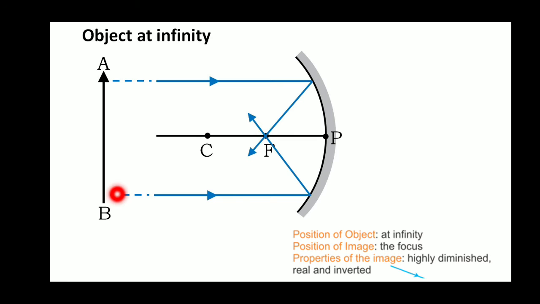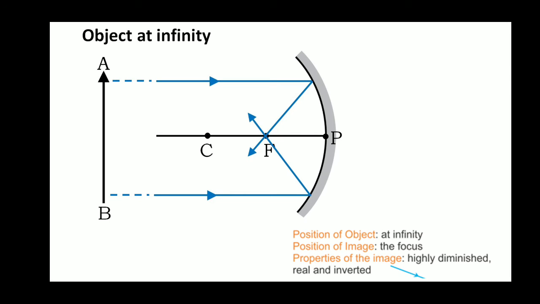And see, I have drawn object is very big. But you see the size of the image, it is very, very small, a point. Or I can say it is a diminished image, very small size image. We name it as diminished image. Object is at infinity, image is at focus and diminished.